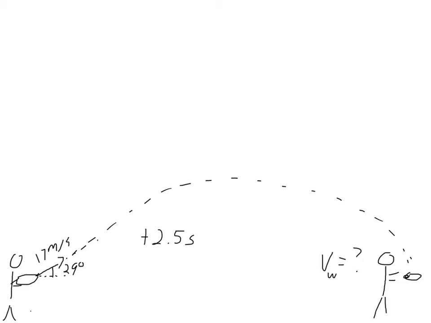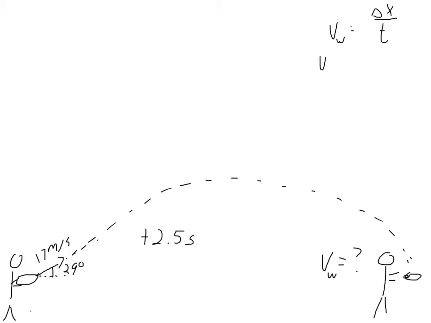Now, you're going to need to know a few things to figure out how fast he's going to go. Just a thought here. Velocity of your wide receiver, this is constant velocity, is going to be how far he has to go divided by time.